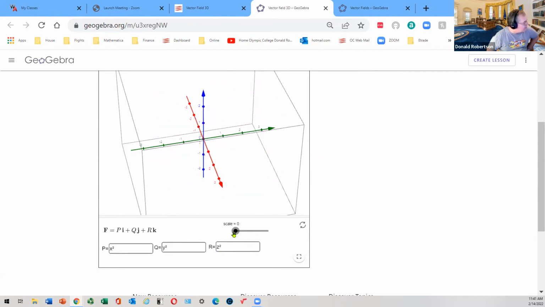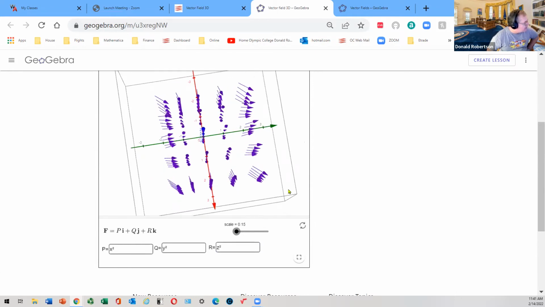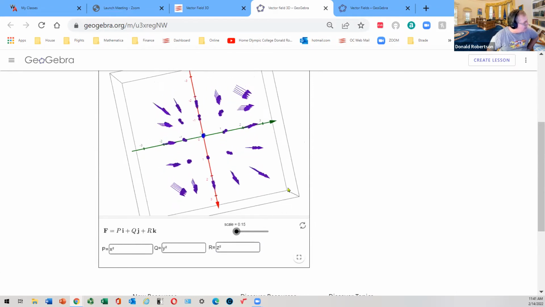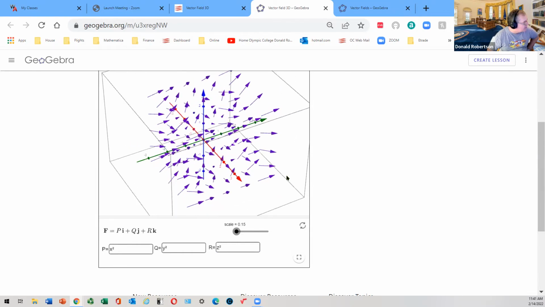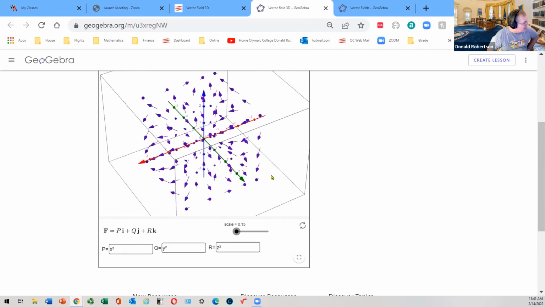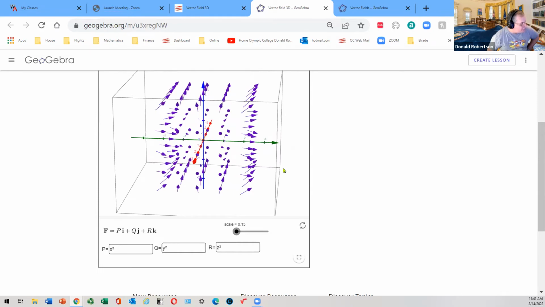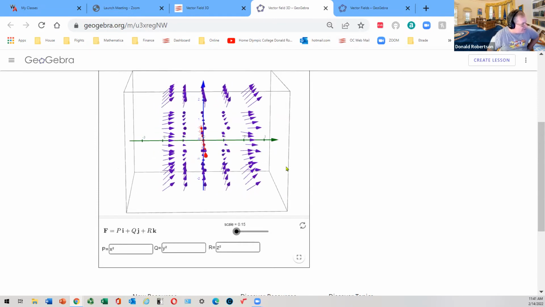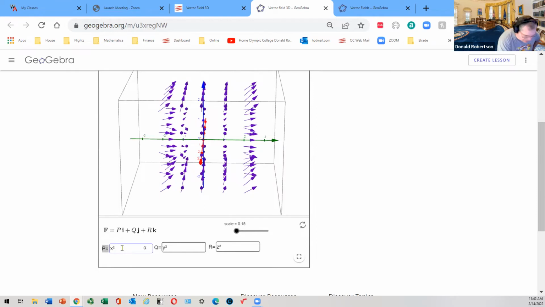Shrink. There. That's a very interesting vector field. It's not chaotic. If you really focus on one direction at a time, there is an awful lot of symmetry in that shape, isn't there?